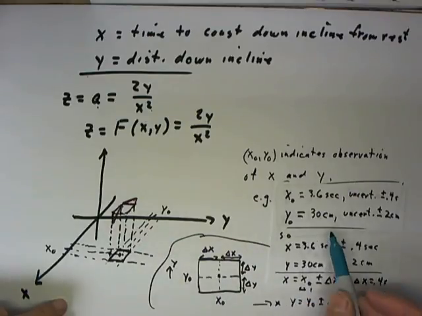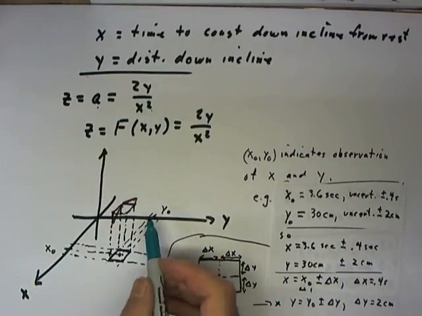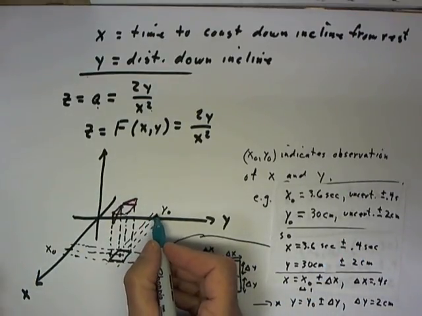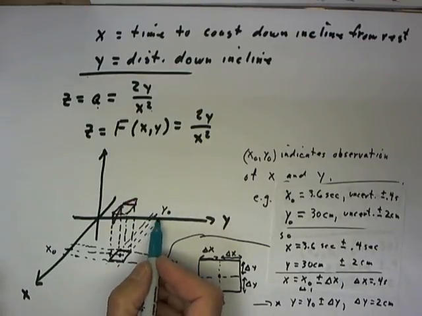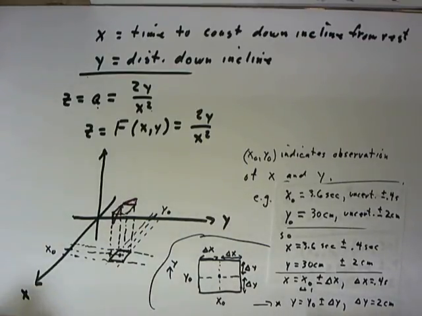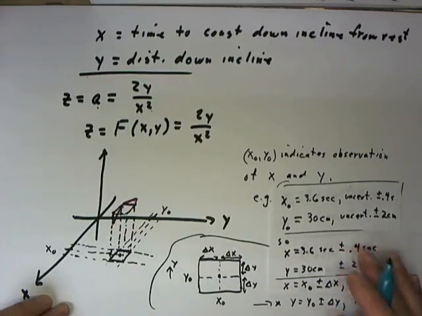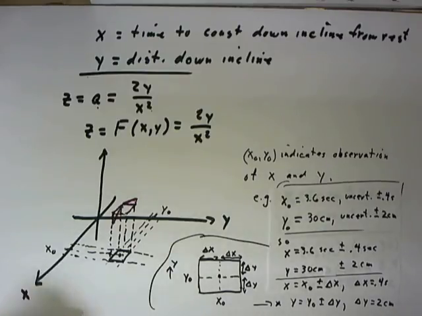Similarly, y is observed to be, let's say, 30 centimeters or whatever. So we have a y naught and we have a plus or minus delta y. In this example, y is going to be y naught plus or minus delta y, with delta y equal 2 centimeters, y naught 30 centimeters.